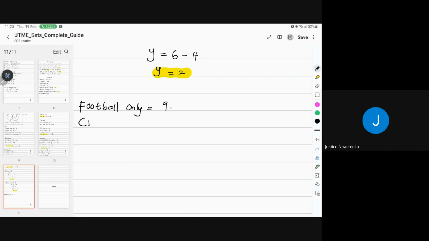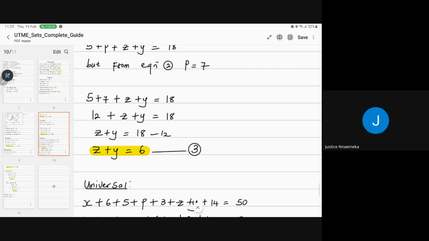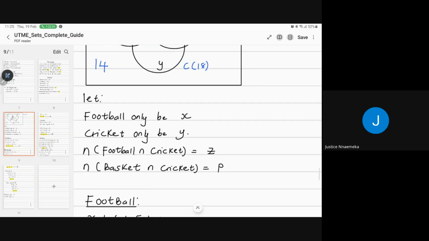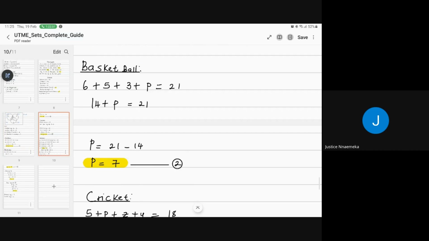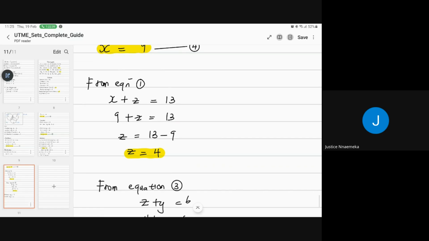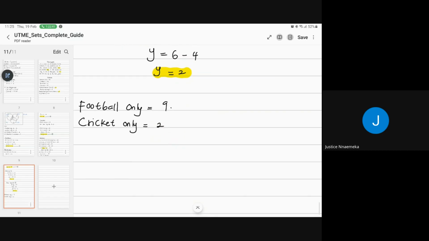So the number of persons that like cricket only is equal to 2. Football and cricket is z, which we got to be 4. So football and cricket, that is F intersection C, is equal to 4.